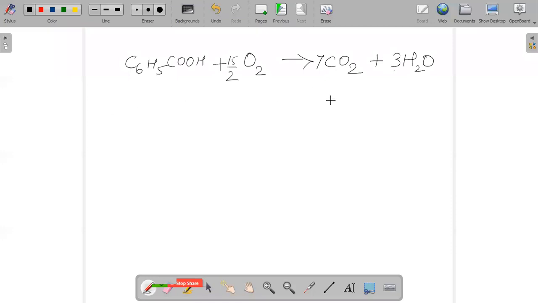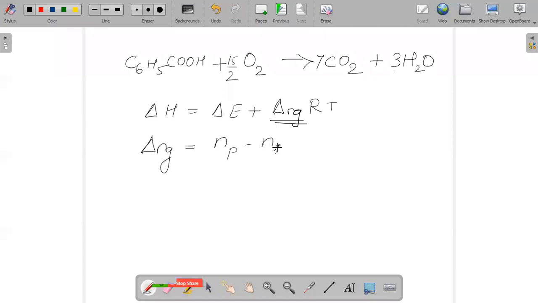And here we all know the formula: delta H is equal to delta E plus delta Ng RT. We need to calculate delta Ng, which is nothing but product minus reactant.